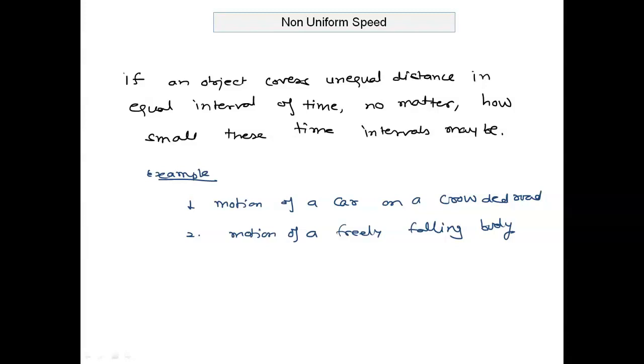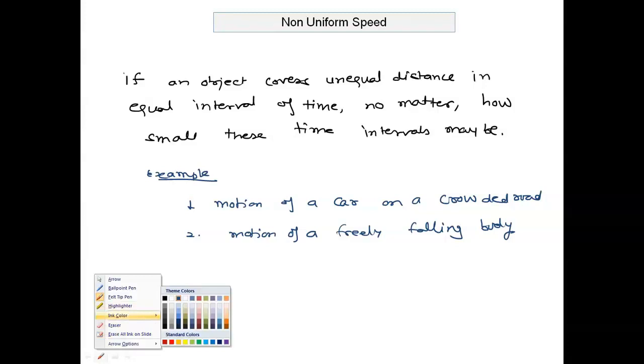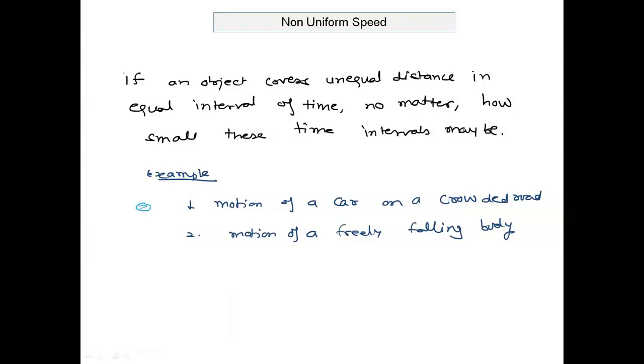motion of a freely falling body, because when the object falls freely, suppose I start the journey of any object from this height at t equal to 0. After 1 second I say the object is here. After 2 seconds the object is here. Of course I have not discussed gravity, but if you know from junior class, you can say gravity is acting, 10 meter per second.